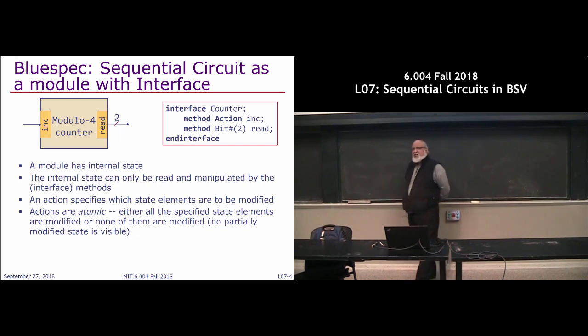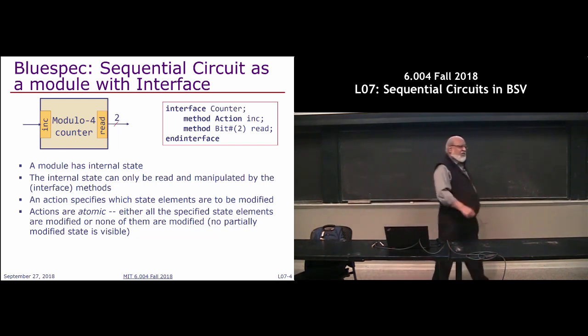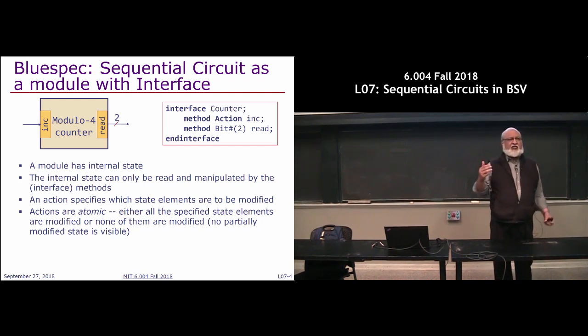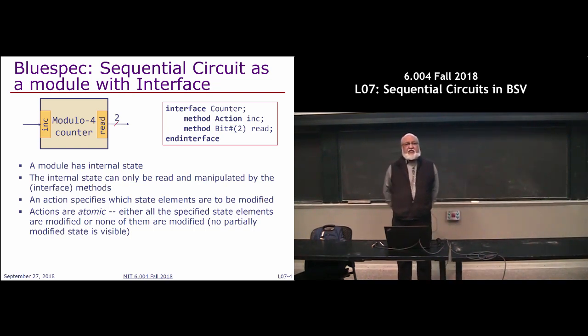And actions are atomic. So when I say increment, suppose there were many flip-flops or registers inside. Whichever ones I want to modify, either all of them will simultaneously get modified or none of them will. In this particular case, if you remember, we were using 2 flip-flops inside, 2 bits, and we were setting them both.